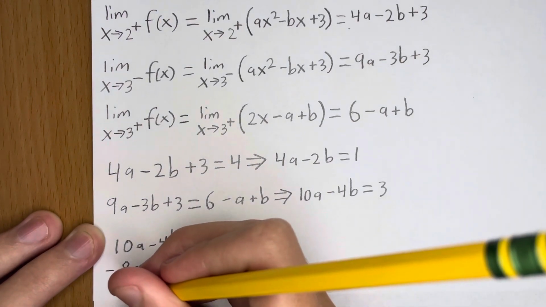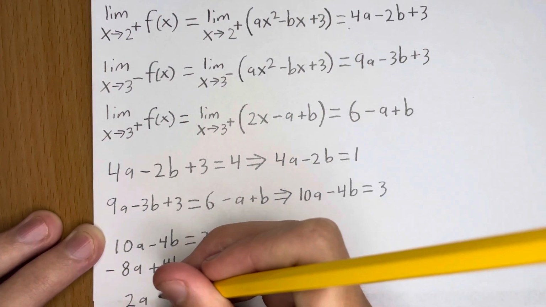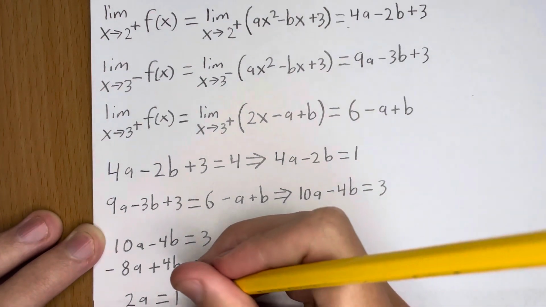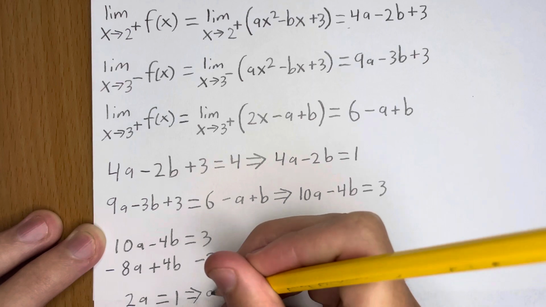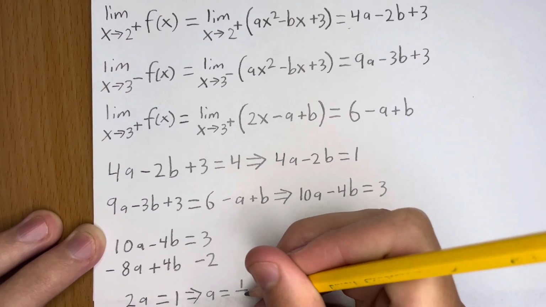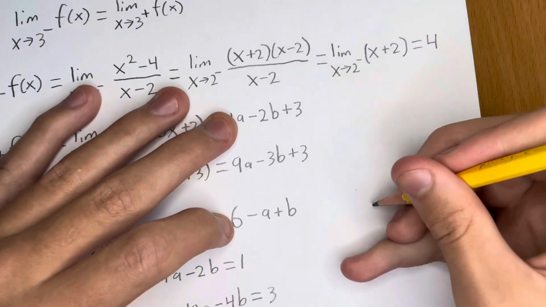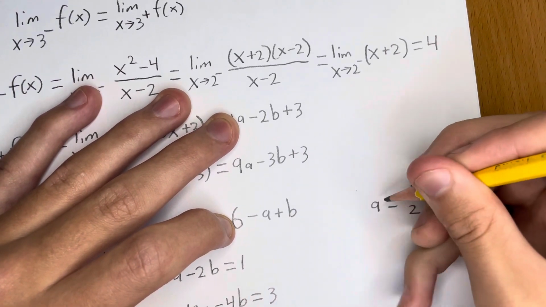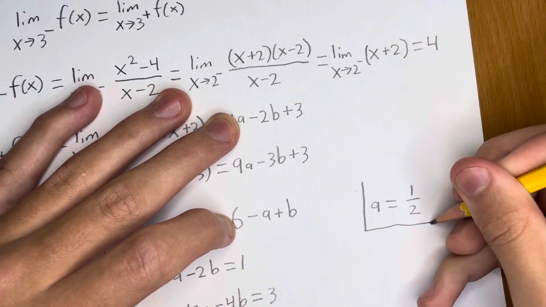Then we end up getting 2a is equal to 1, which means that a is equal to 1/2. So we can write this over here, a is equal to 1/2. Put that guy in the box.